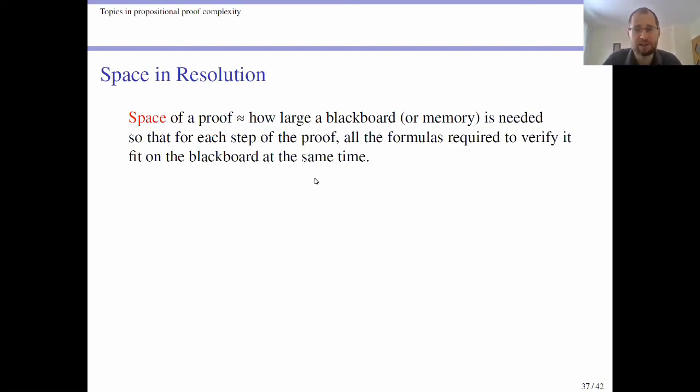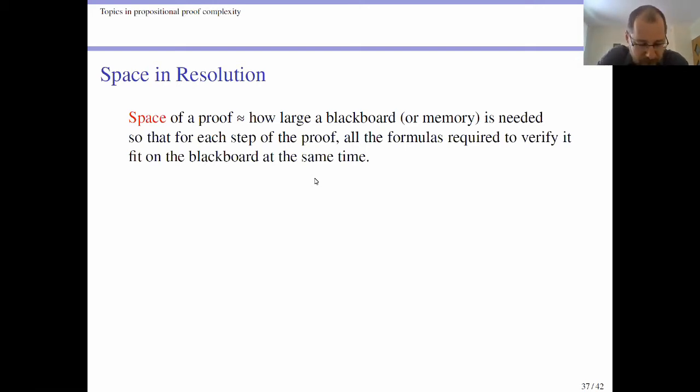And in a proof theoretic setting, the idea is basically as follows. We're doing proofs, right? A proof is traditionally written on a blackboard. Less traditionally, you can verify it on a computer, say, and you need some computer memory.